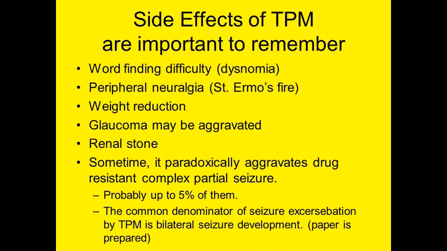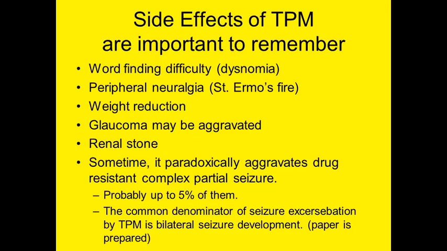Side effects of topiramate are important to remember because they could be on your board examination. It may cause word-finding difficulty, dysnomia. Peripheral neuralgia is characterized by burning, sharp pain sensation in the tip of the finger, so it is called St. Elmo's fire.